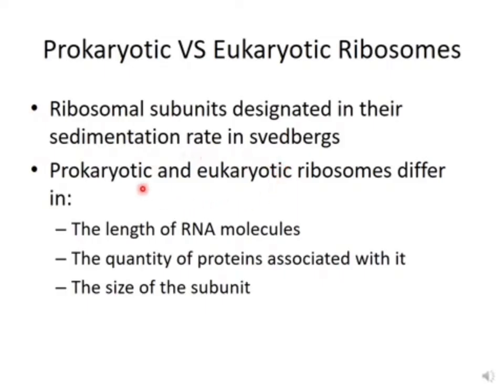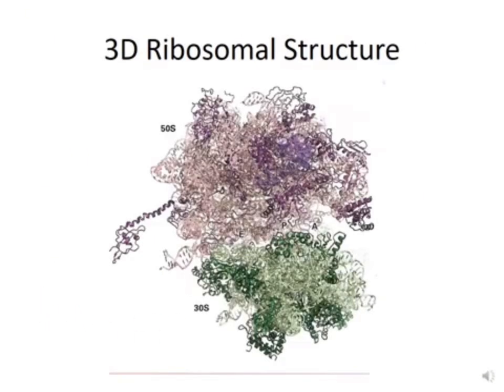The difference between prokaryotic and eukaryotic ribosomes, as we mentioned, is that the eukaryotic ribosomes are larger, so they have a longer RNA molecule making up the subunit. There are more proteins associated with the eukaryotic subunits, and the size of the eukaryotic subunit is larger than that of the prokaryotic subunit.